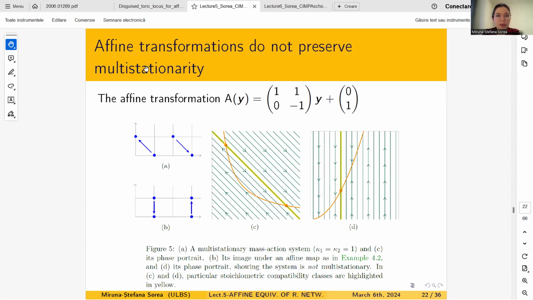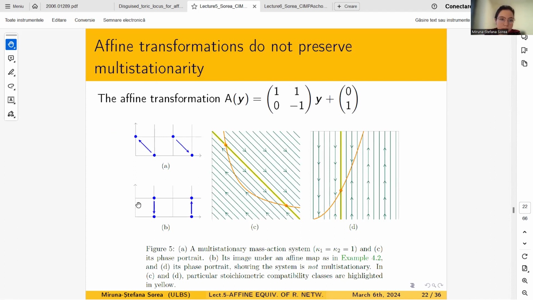So we have that first thing. Affine transformations turn out not to preserve multistationarity. So you have first this network from the beginning. We apply this affine transformation A of y given by this matrix and this vector B in this expression.